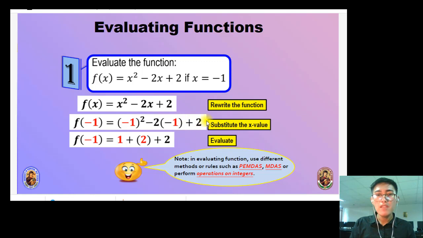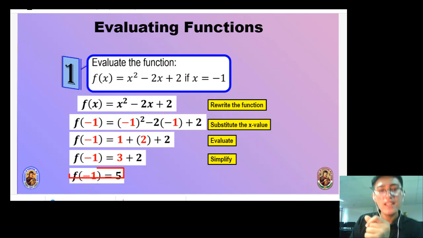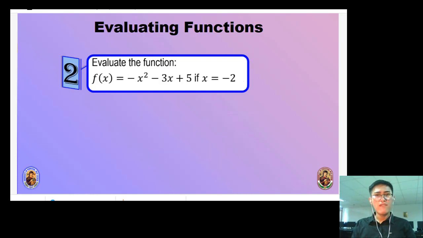Then, just copy this positive 2. Okay, so we will just add them. 2 plus 2 plus 1 is equal to 5. And that would be the answer for this problem. Let us see. Okay, we got it. F of negative 1 is equal to 5.